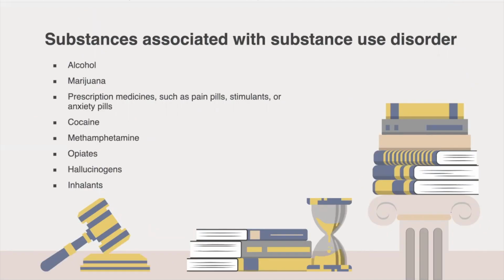Some substances associated with substance use disorder include alcohol, which is the number one issue for lawyers, marijuana, prescription medicine such as pain pills, stimulants, or anxiety pills, cocaine, methamphetamine, opiates, hallucinogens, and inhalants.